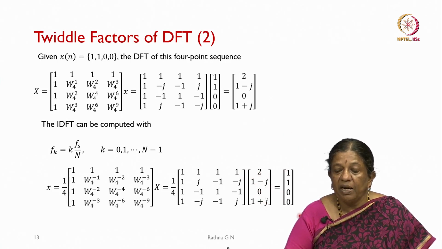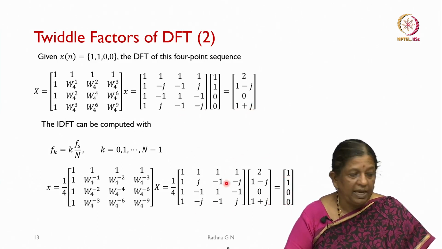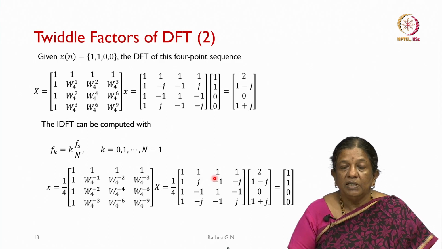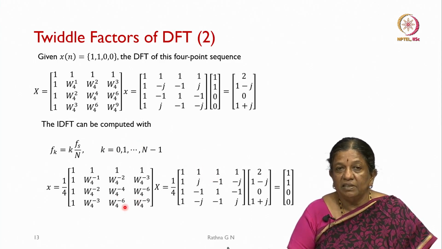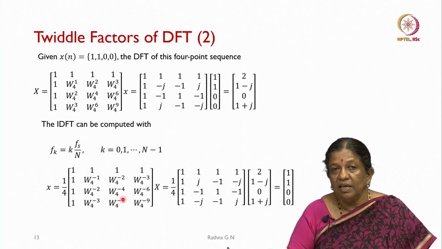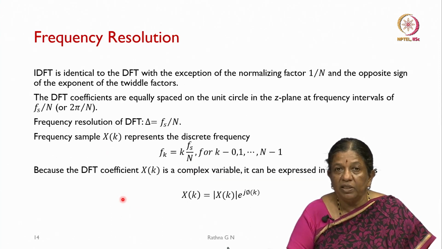So, we will be getting back our x of n, that is 1 1 0 0. So, you will be seeing that this is the DFT and IDFT with an example, what I will call the analysis and synthesis equations.